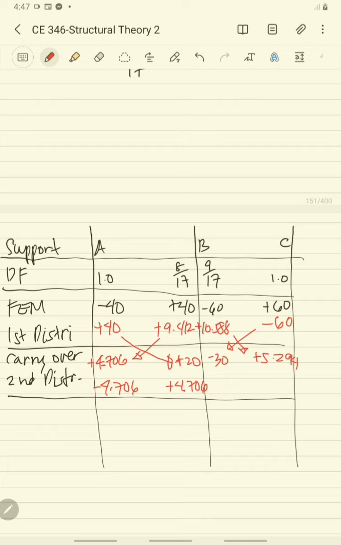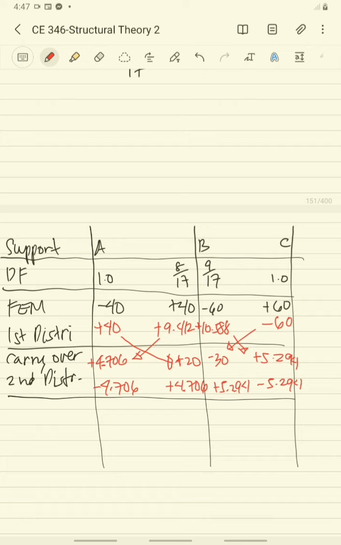Then 10 times 9 divided by 17 is positive 5.294. Then we have negative 5.294, because 5.294 times 1 is equal to 5.294, then we change the sign to make it 0 for support C.